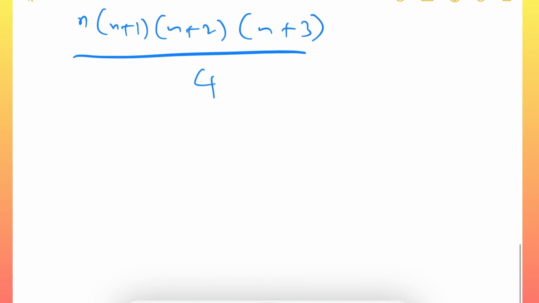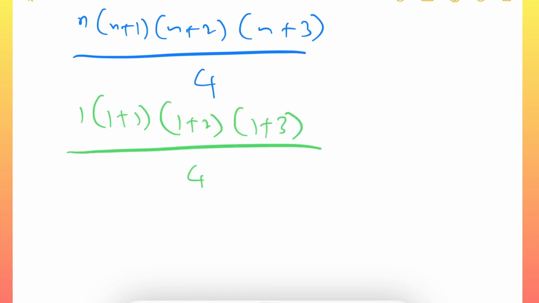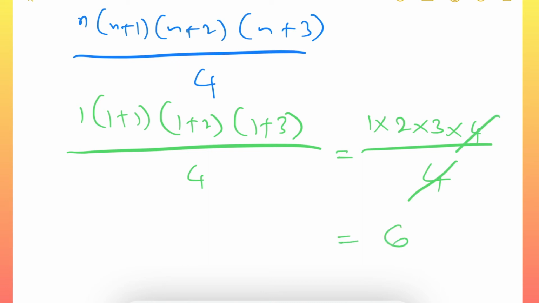Now in the place of n we need to substitute 1. So 1 into 1 plus 1 into 1 plus 2 into 1 plus 3 whole divided by 4, which equals 1 into 2 into 3 into 4 whole divided by 4. So here 4 will get cancelled, then we remain with 2 3s are 6.